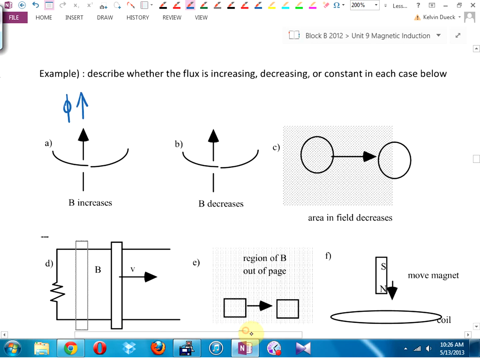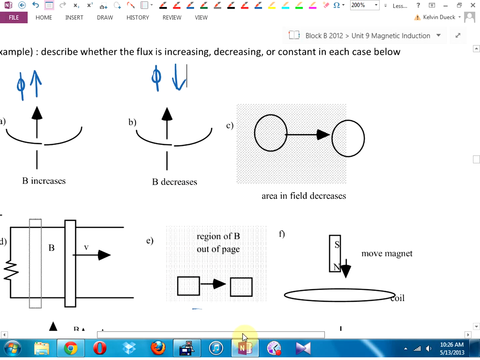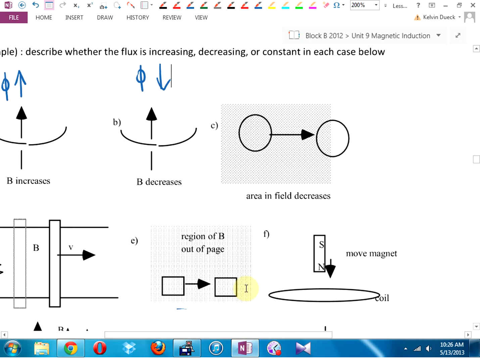Hey, what happens if your magnetic field decreases, like in situation B? Flux decreases. What about situation C, where the area that's inside the field decreases? If you went from all of it being exposed to part of it being exposed, do you think your flux has increased or decreased? Or stayed the same? Decreased?